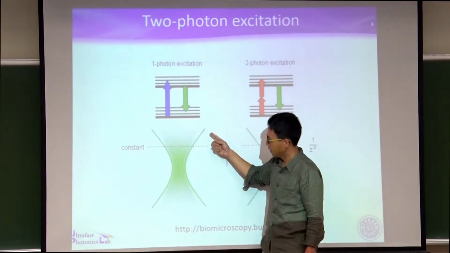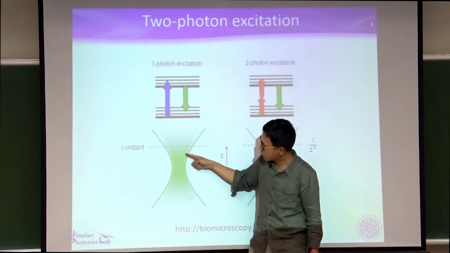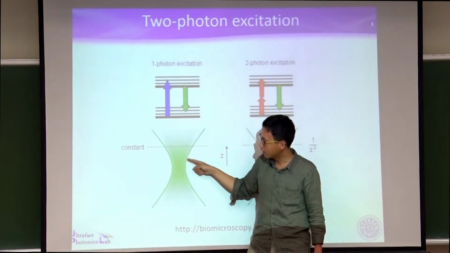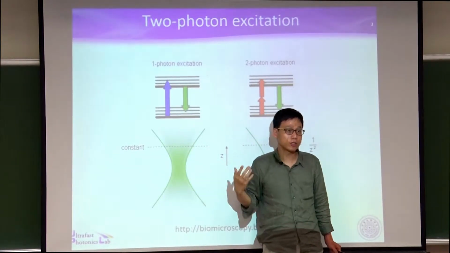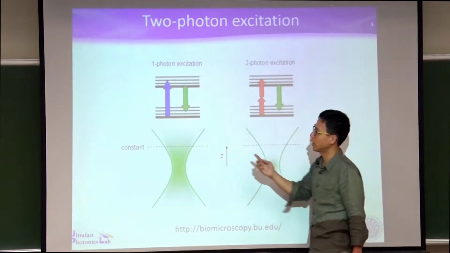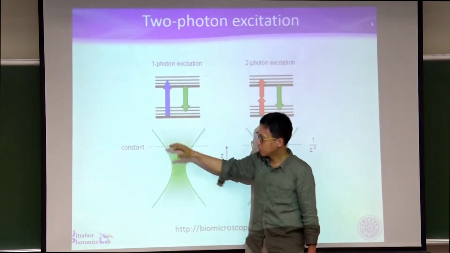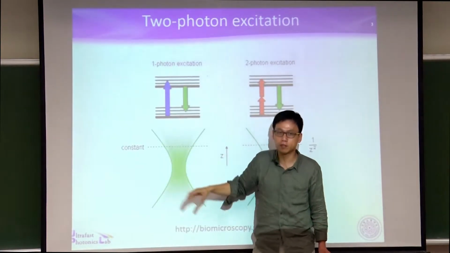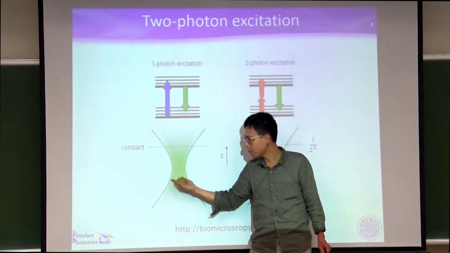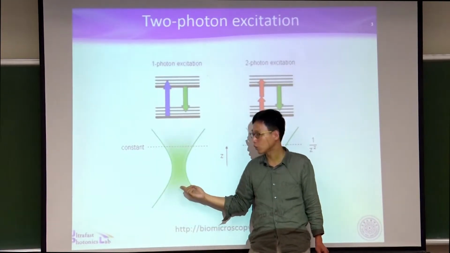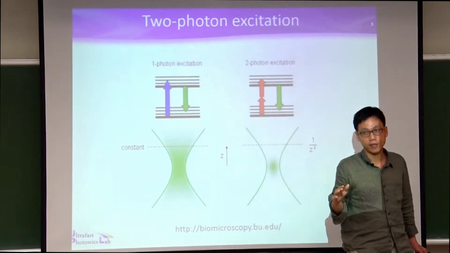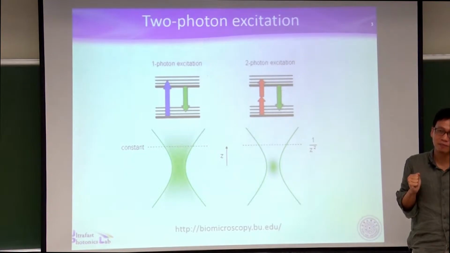And you can see over a large longitudinal range, within this area, every fluorophore can be excited because the excitation photon energy is big enough. So this area would be bright. If you use a detector, you can capture the emitted photons from all over this area. No depth sectioning is possible, right?